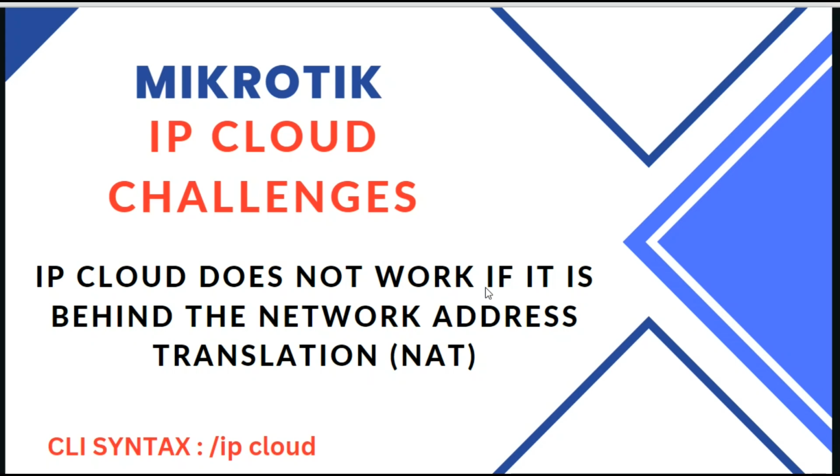And the end goal is to see whether we can use the generated dynamic DNS to access our router without using the initial IP address that we had configured in the router.